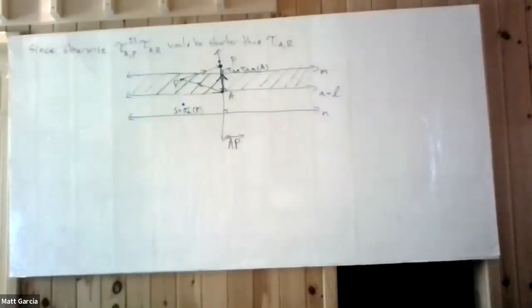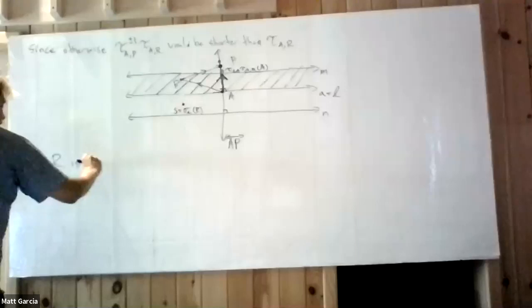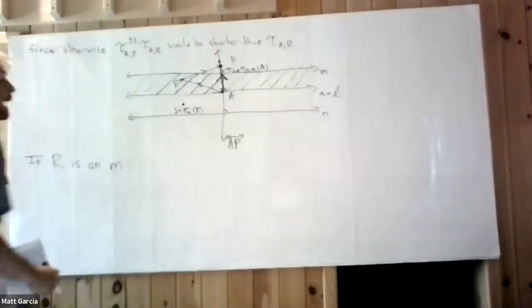Okay. So let's start with what happens if R is on the line M.